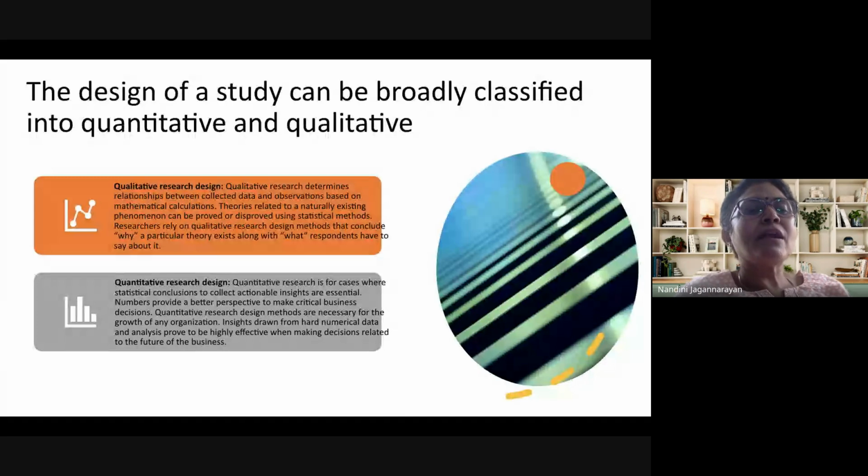Qualitative research design, again, is going to determine any kind of relationship between the data, observations, etc. Like, say, for example, any kind of theory that says why a particular thing happens. So I'm going to observe this for the next 10 days.